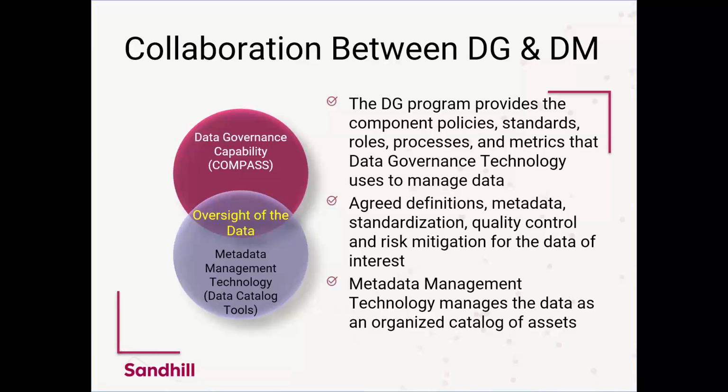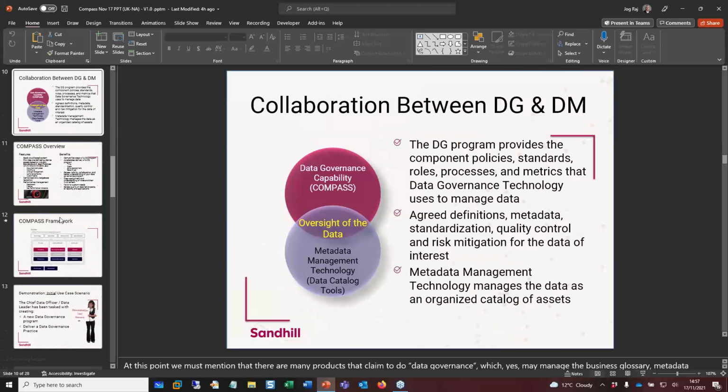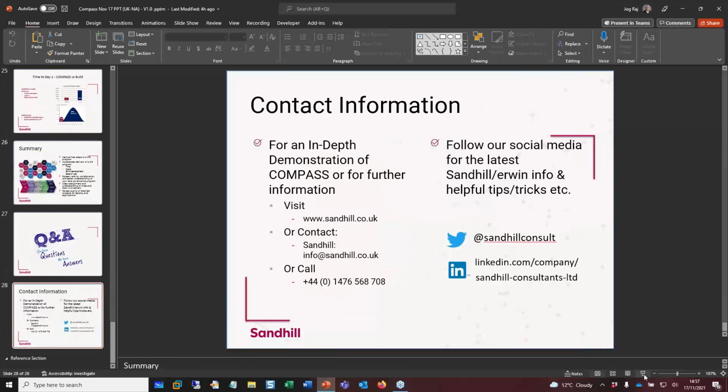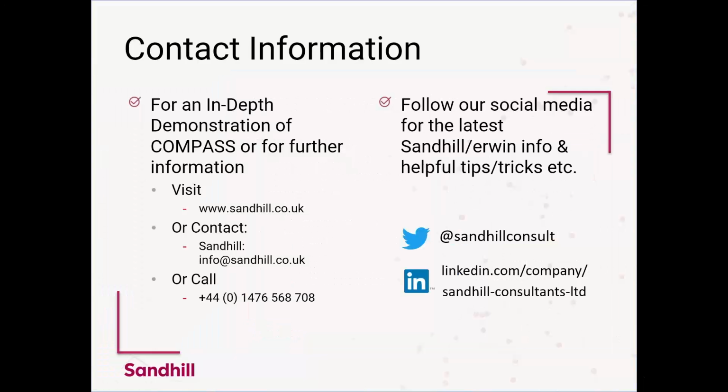Sure. One of the main reasons why Compass came about is that in our consultancy around metadata management and governance, we came across customers that were asking us questions about governing of metadata. For instance, doing data models.